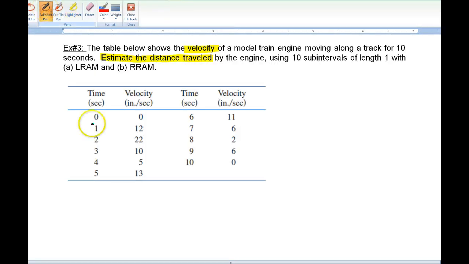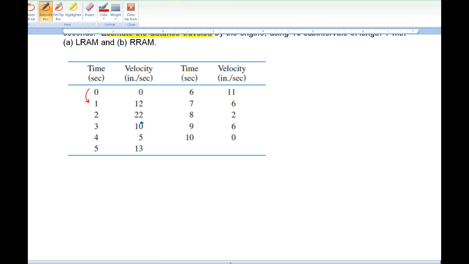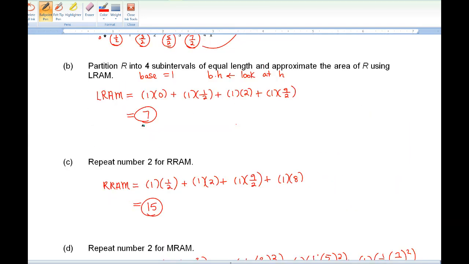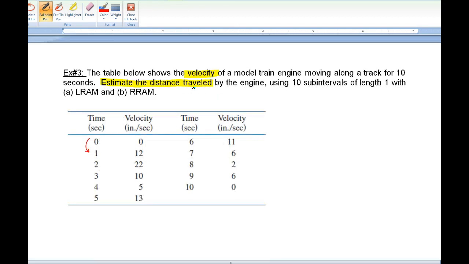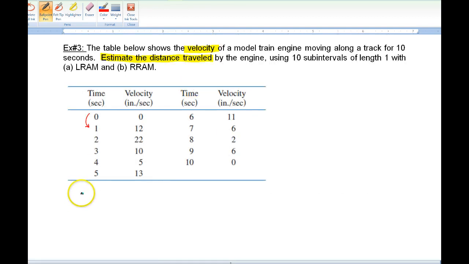So when you have a table of values, we think of these like it'll go from 0 to 1, and then you have to determine whether you're going to use the left-hand endpoint or the right-hand endpoint. As we saw in the previous ones, if we compare the last example, B and C, we used the first one but not the last one. Like we used the 0 but not the 4. And with RRAM, we didn't use the 0, but we used the 4.